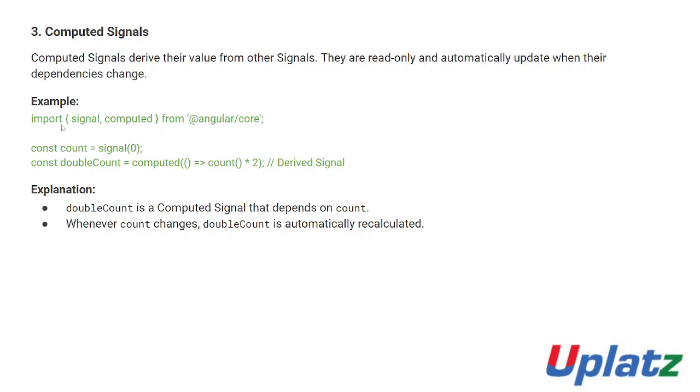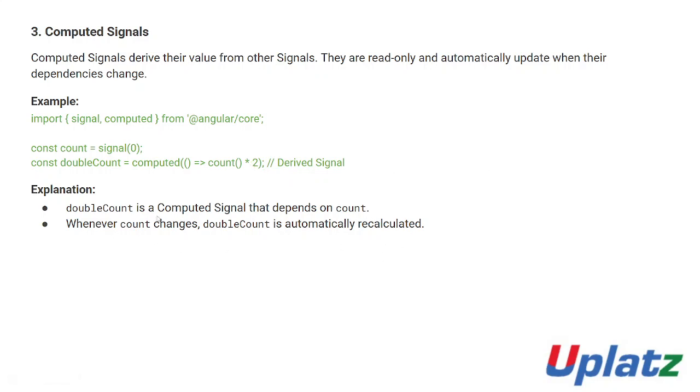Import signal and computed from Angular core, then const count signal 0, then const double count computed, then arrow function count into 2.